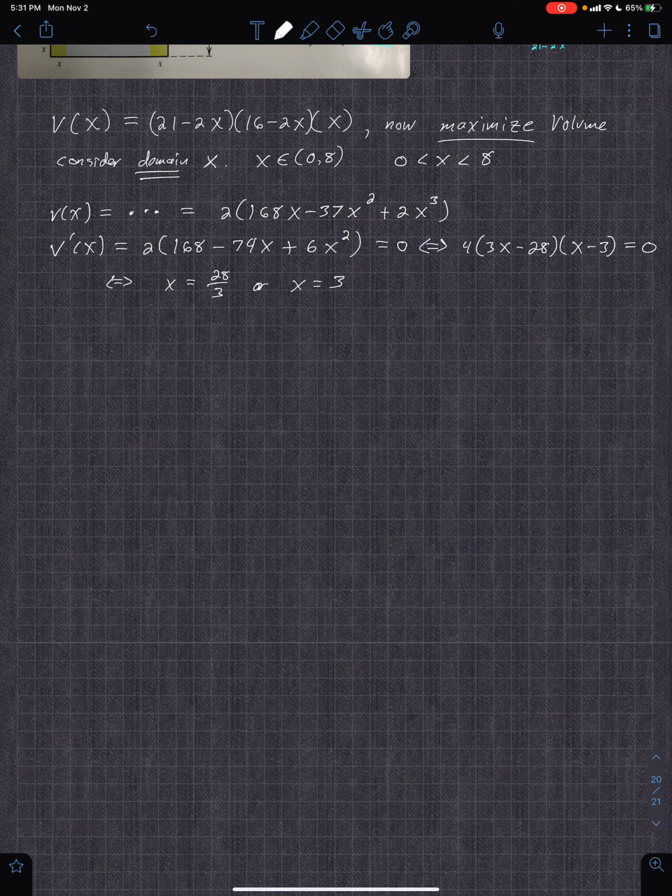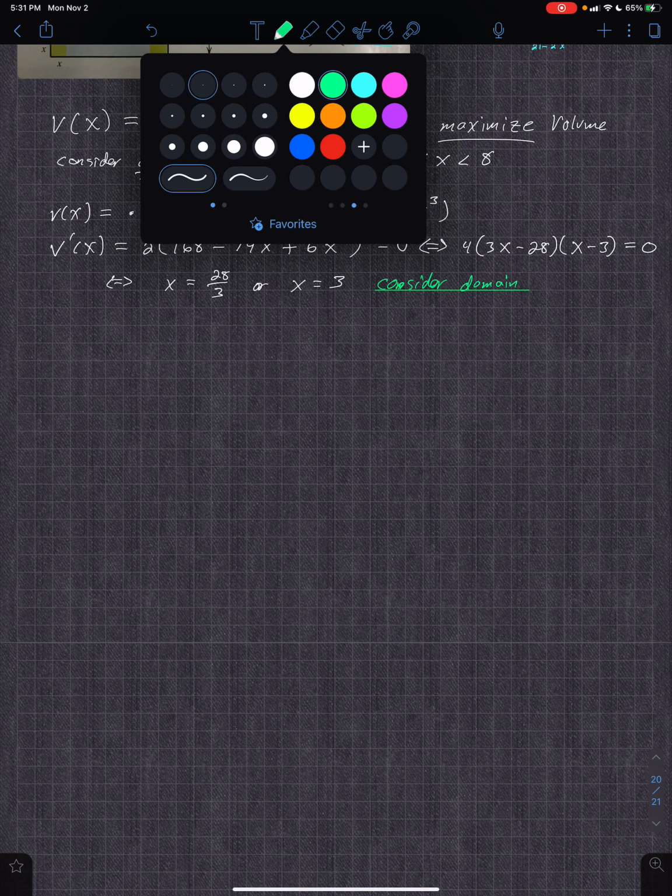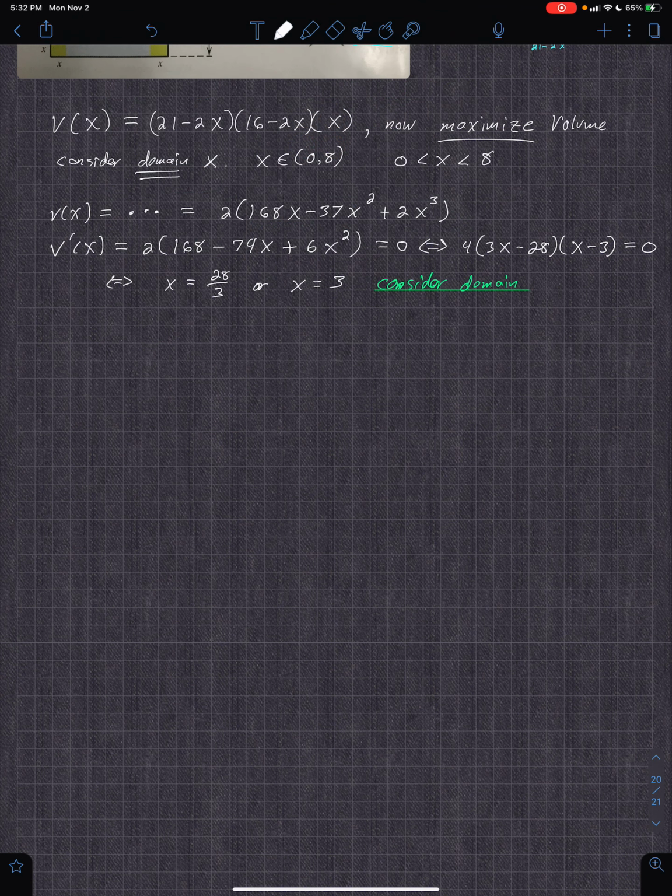So what is 28 thirds? So is 3 in the domain? Which one is in the domain? So the next question is basically that. I'll say that again. We want to consider the domain of the function and see which one is in it, if either or neither. So 28 thirds reduces to what?